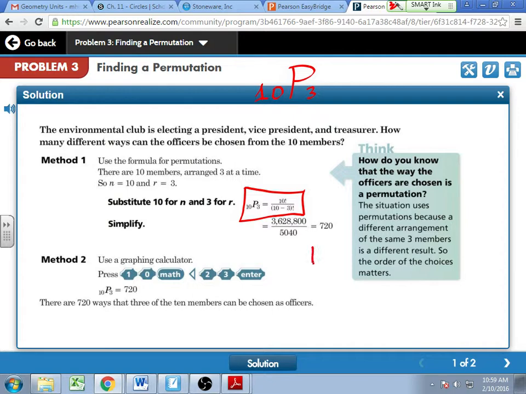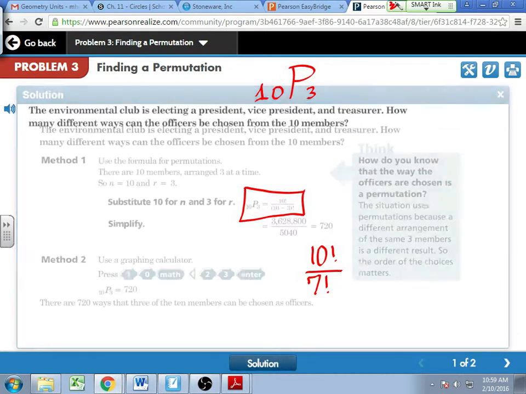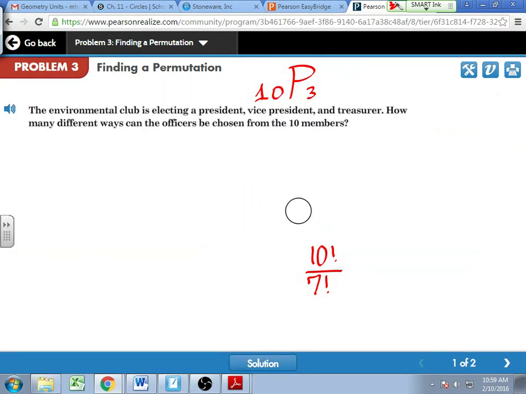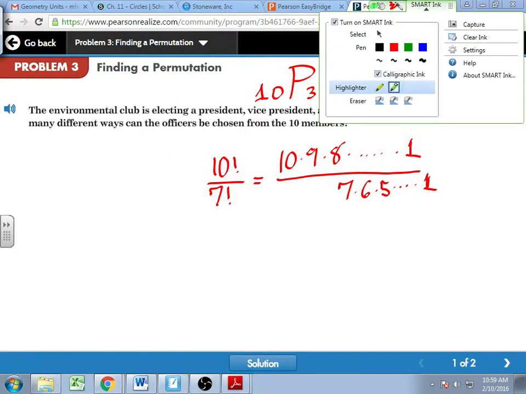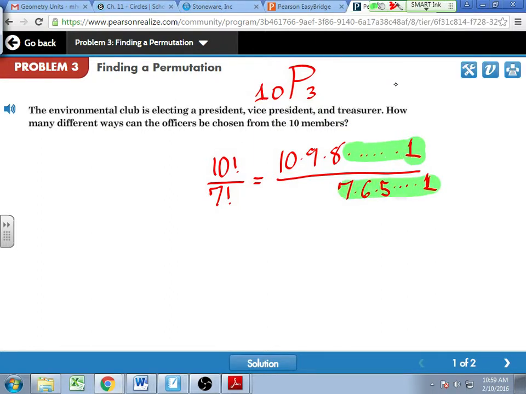So this is really 10 factorial over 7 factorial. 10 factorial is 10 times 9 times 8 times 7, all the way down to 1, and 7 factorial is 7 times 6 times 5, all the way down to 1. These cancel out, and all you really have to do is 10 times 9 times 8, which gives you 720. There are 720 different executive councils that could be formed for this club.